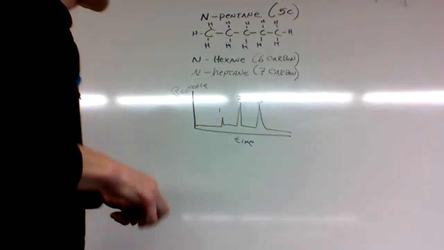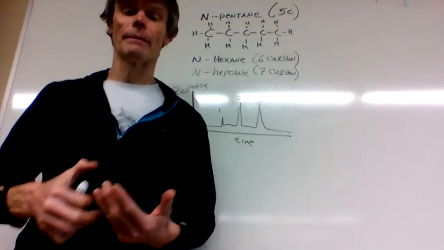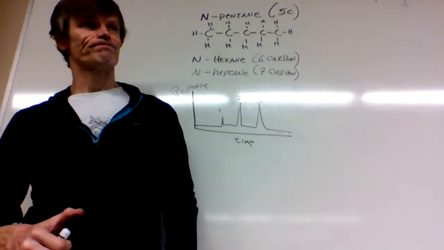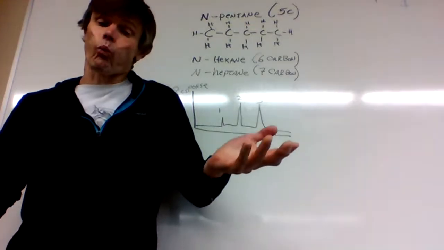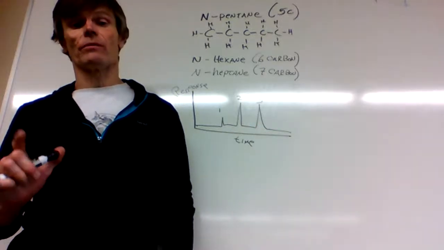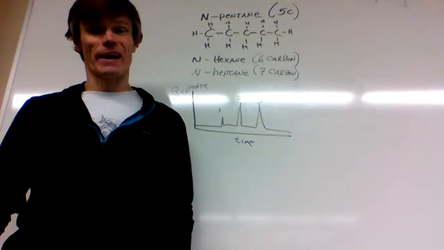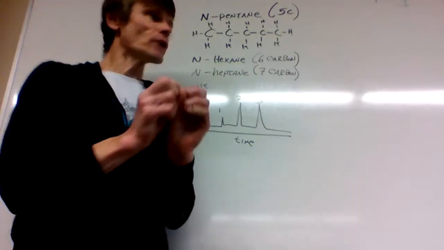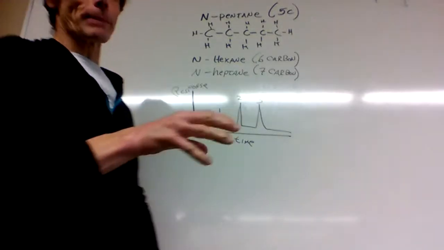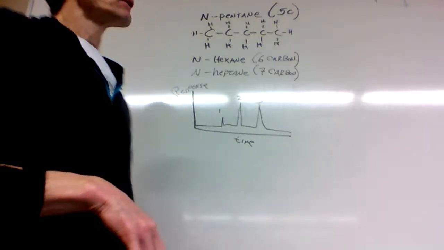Okay, I didn't give you a lot of information about the nature of the column. Let's think about what these 3 compounds are. Are they polar or non-polar? That's the big question we want to ask. What can you tell me and think about general chemistry?